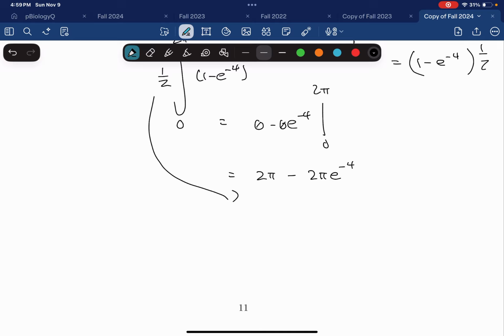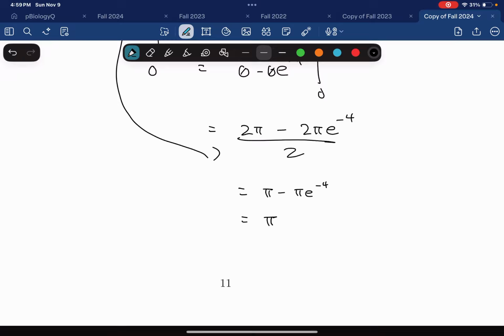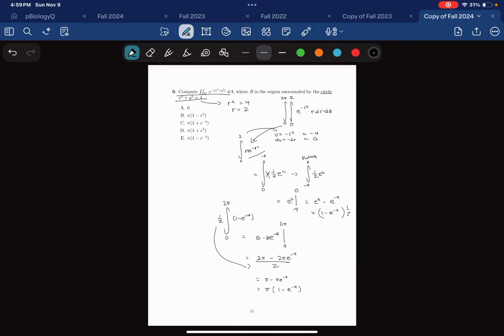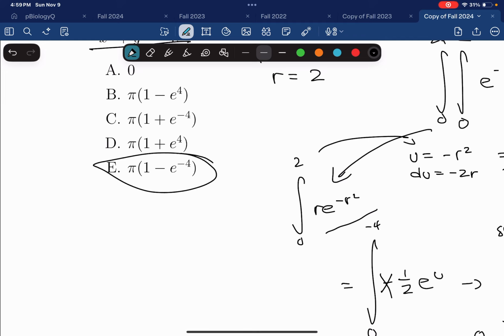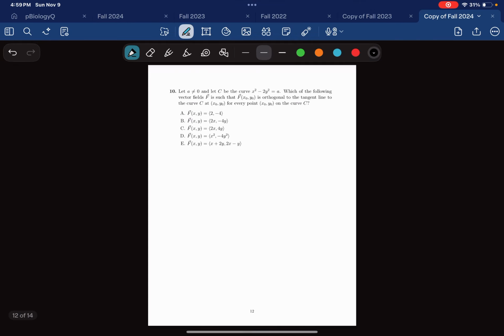You plug the 1/2 back in there, you get pi minus pi e to the negative 4th, which means that in this case, if you take out the pi, you get 1 minus e to the negative 4th, which is our answer. Yes. There you go. Okay.